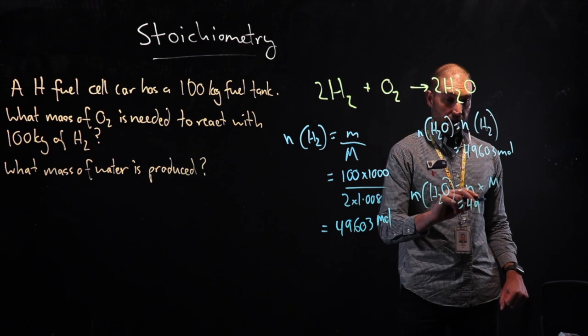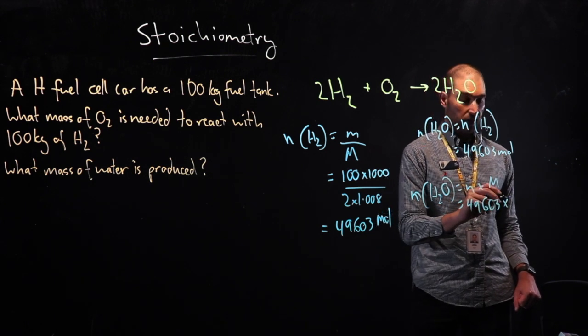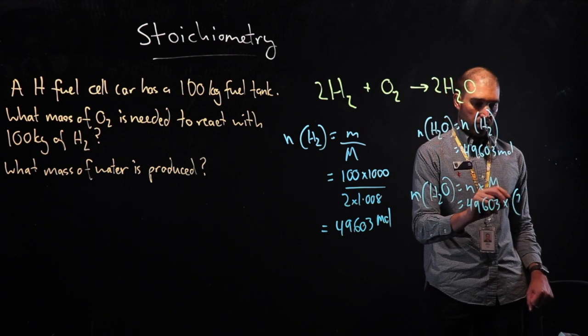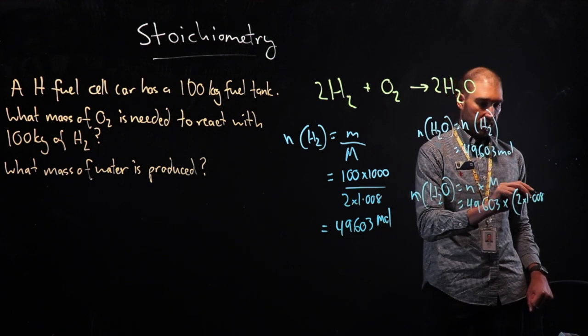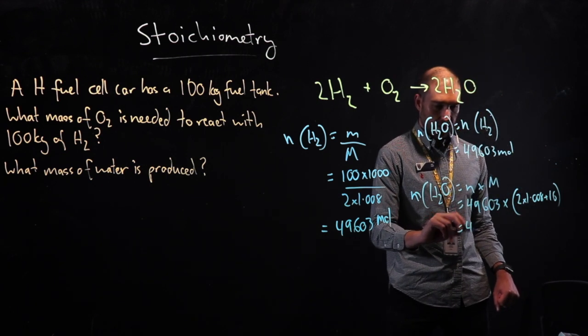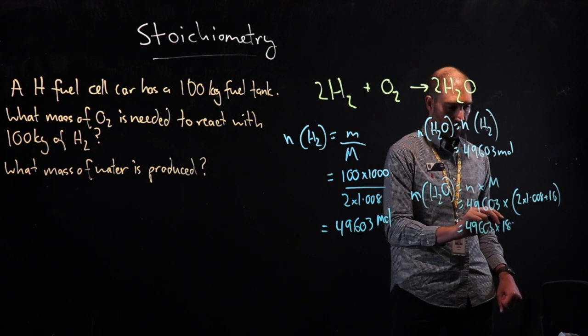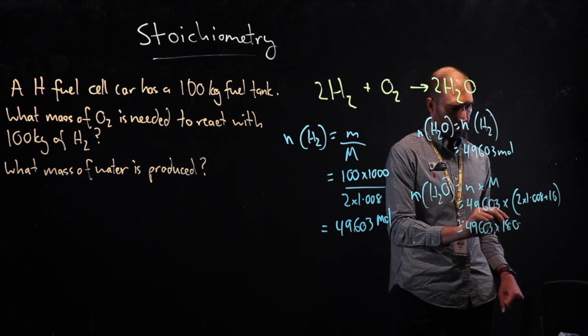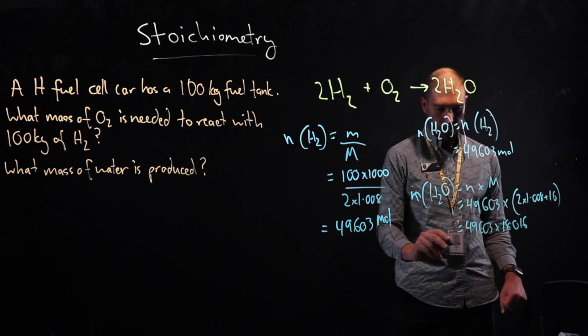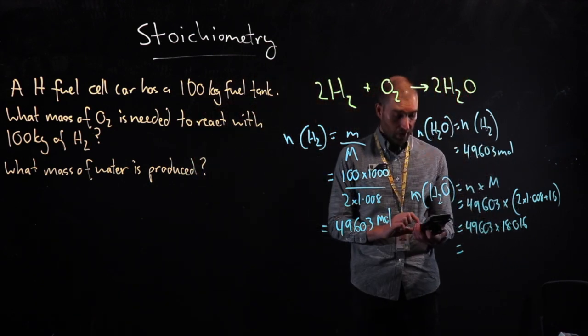So it's 49,603 times the molar mass, which is, what is it, 2 times 1.008 plus 16. So it's going to be 49,603 times 18.016 grams per mole. I'm going to grab out my calculator and do that calculation.